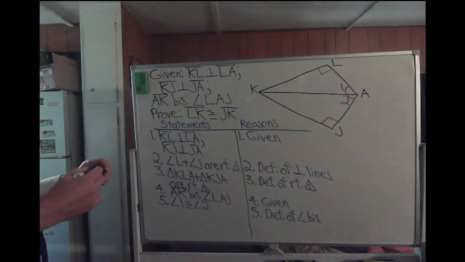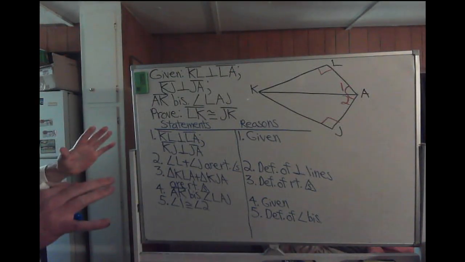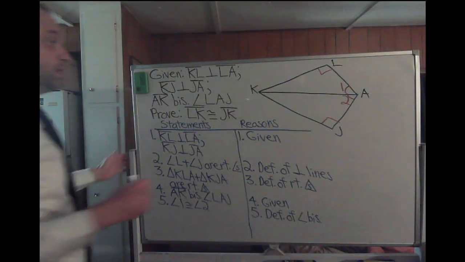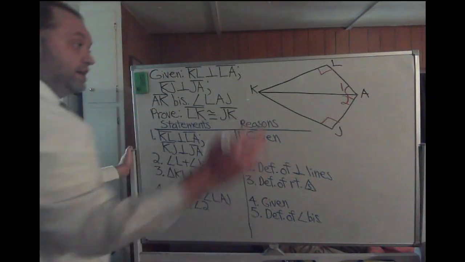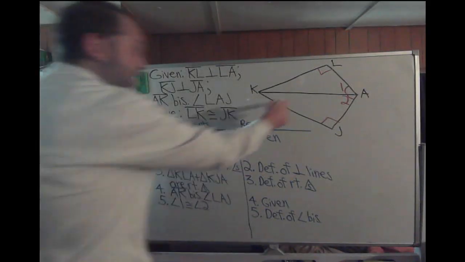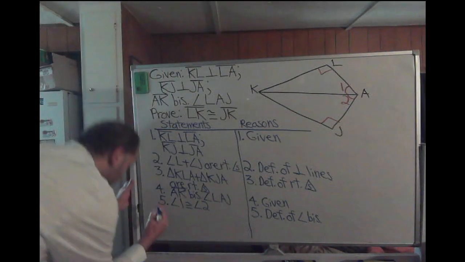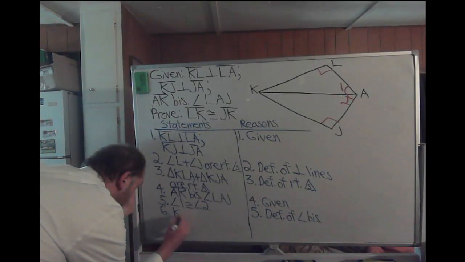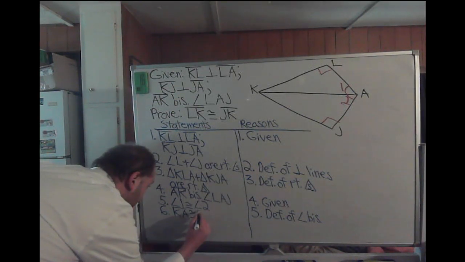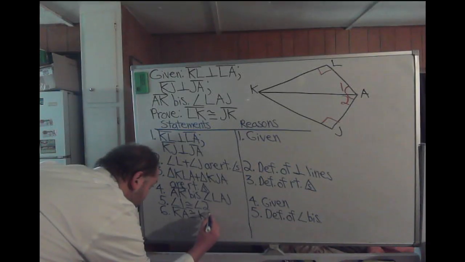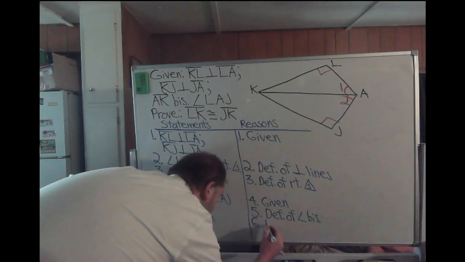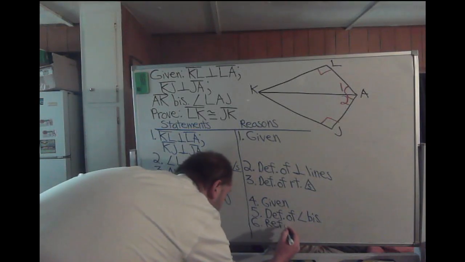Okay, so now what else can we conclude? Well, both right triangles share the same hypotenuse of KA, so obviously KA is congruent to KA by the reflexive property. This would be the reflexive property for step 6.